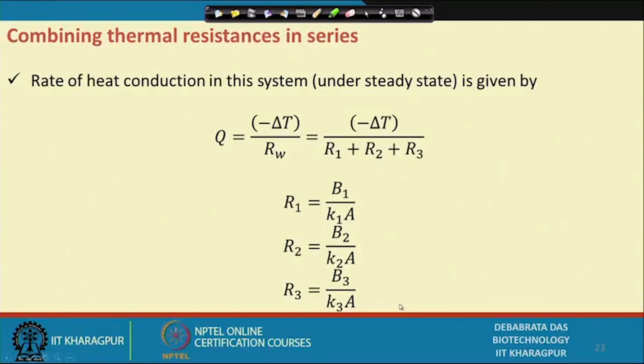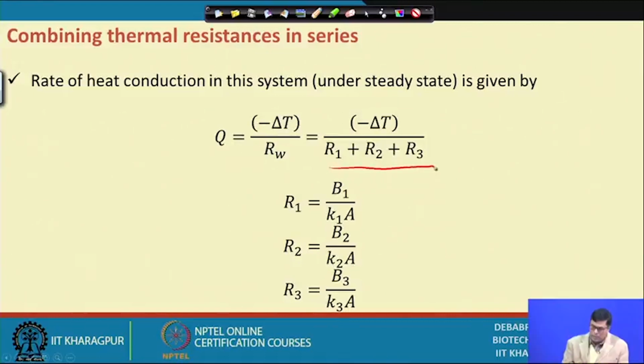Now, the rate of heat conduction in the system under steady state condition is governed by this equation. This is the driving force and this is the resistance, and the resistance is R1, R2, R3, and R1 can be expressed like this.